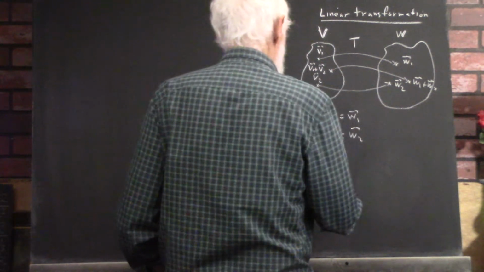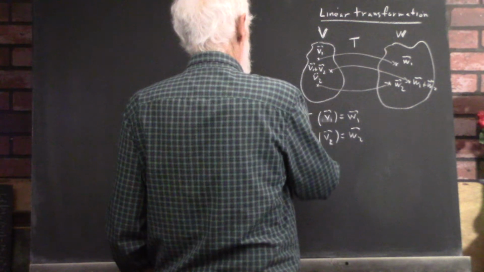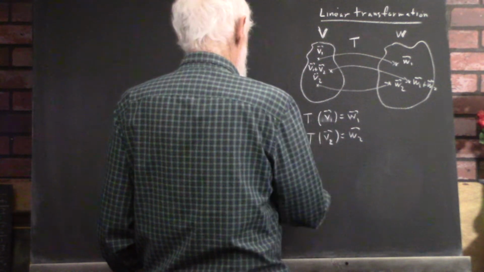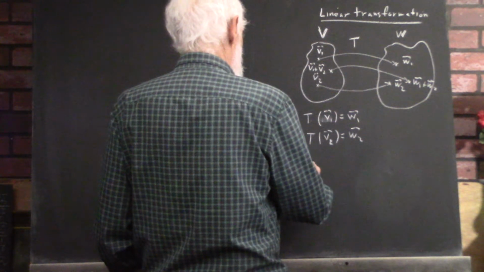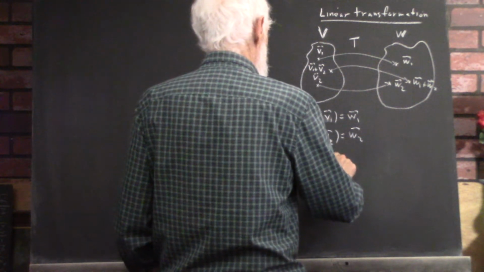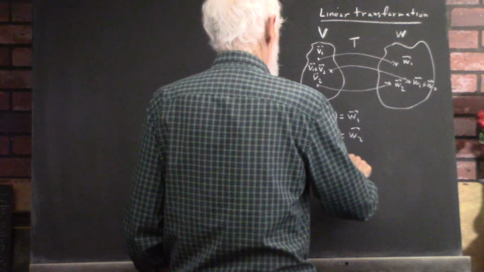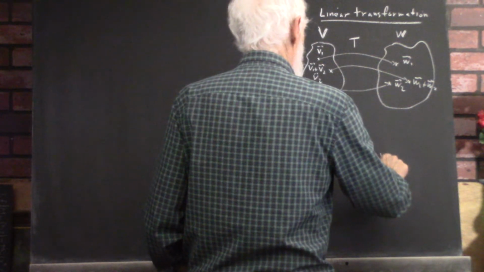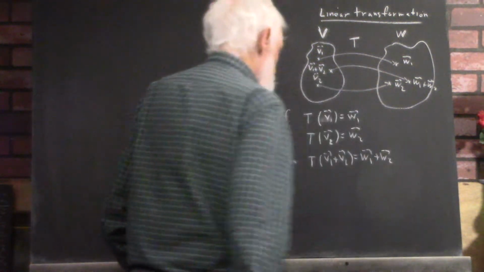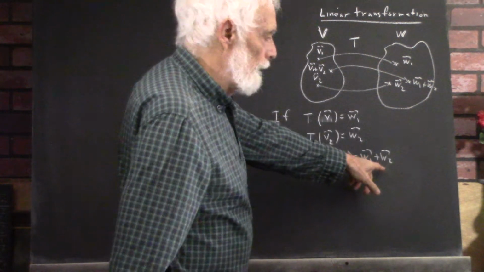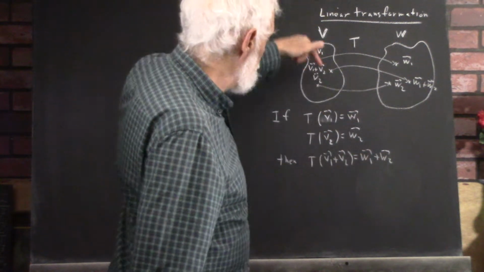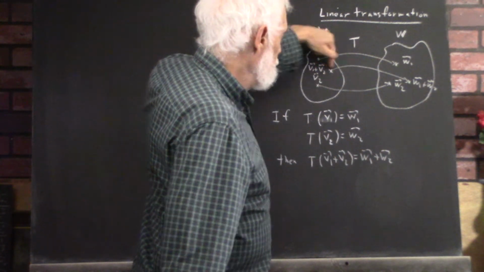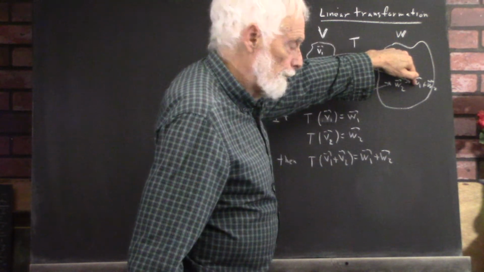Then we make the statement that if this and this, then T of V1 plus V2 has to equal W1 plus W2, indicated by the arrow from V1 plus V2 over to W1 plus W2.